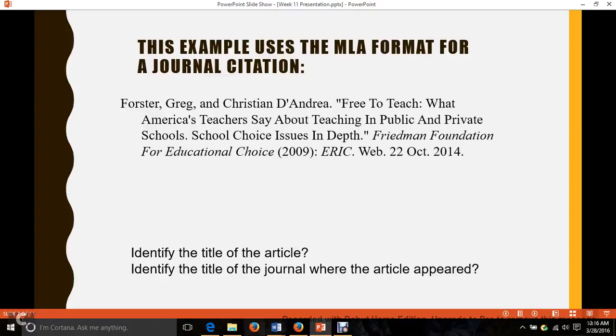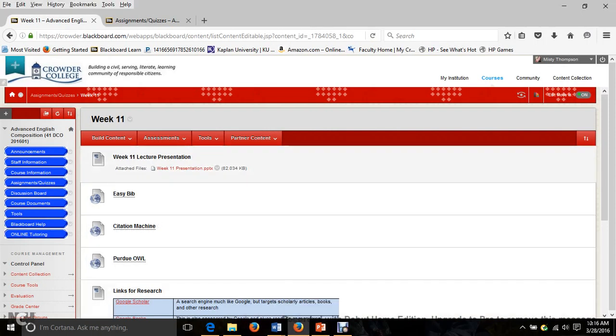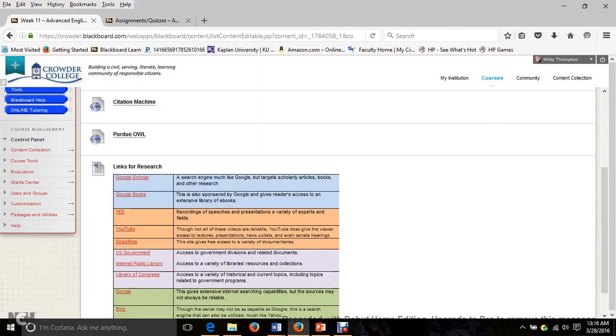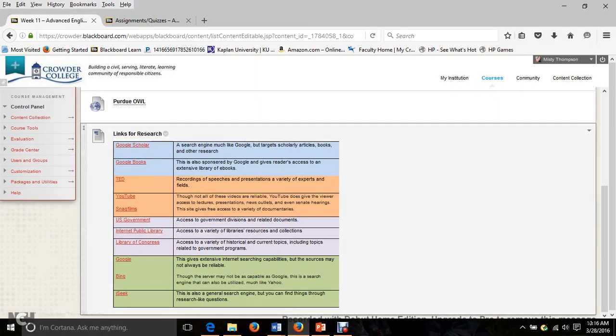But I've also posted in the classroom, let me see if I can find that. Yeah, so I've posted in the classroom, this is the week 11 folder, and I've posted in the classroom this little table here that has links for research. Now, I don't include the Crowder Library because I assume that you know where that is. But if you do have questions on how to find the Crowder Library, just give me a call and I'll walk you through it.